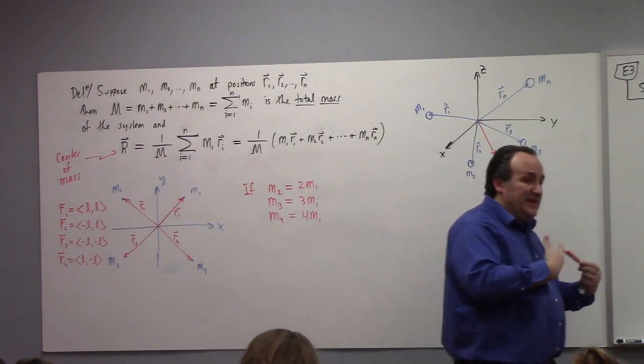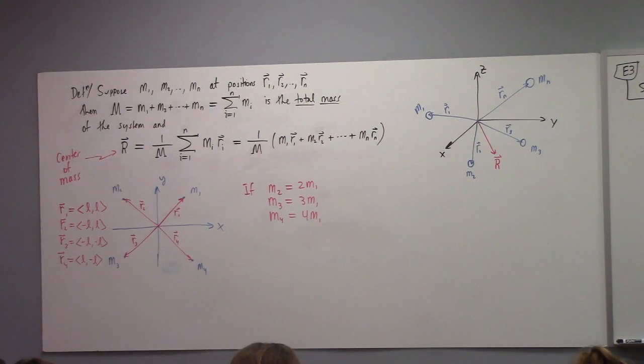If they're not equal masses, the centroid and the center of mass are not the same point. All right? What would the center of mass be now?